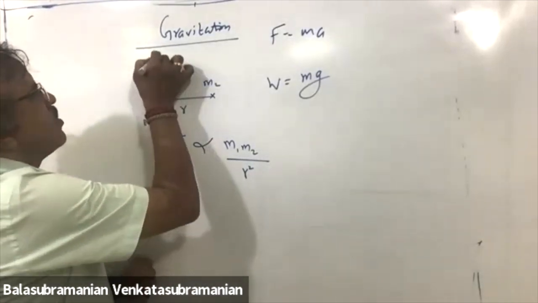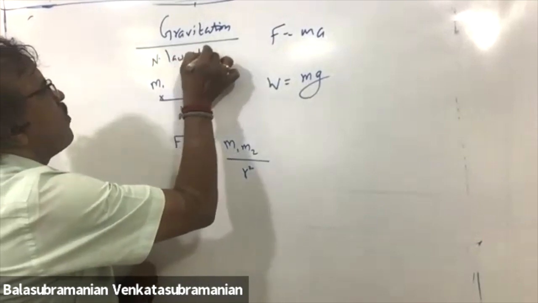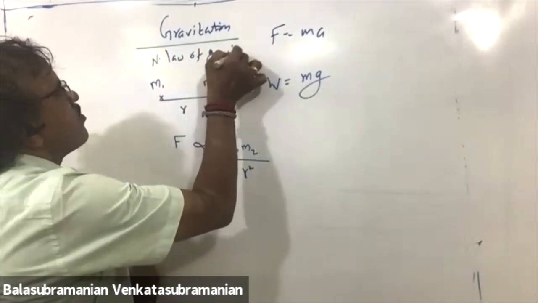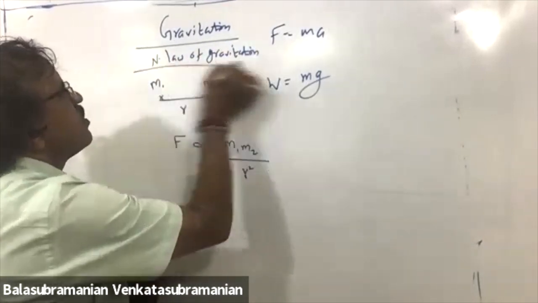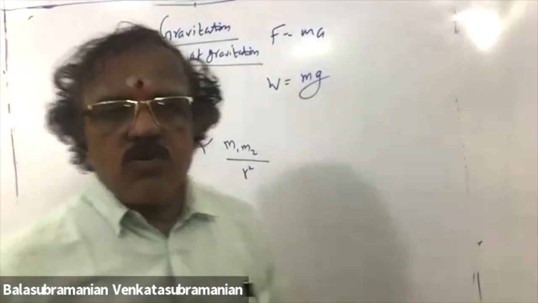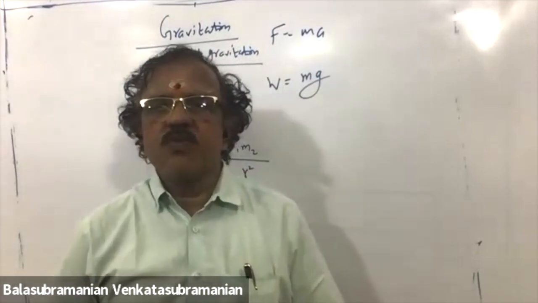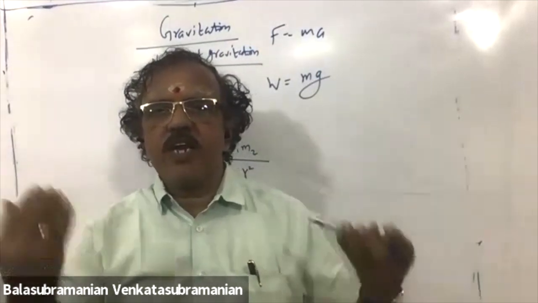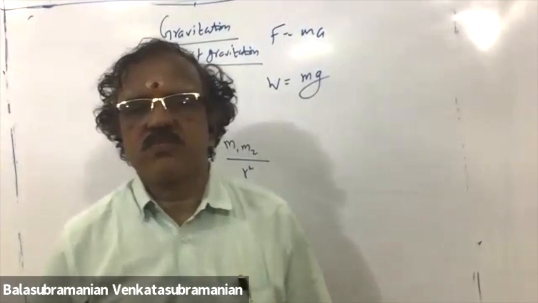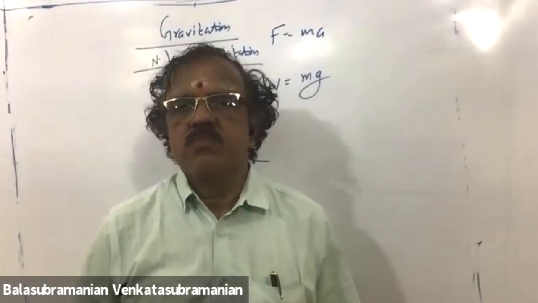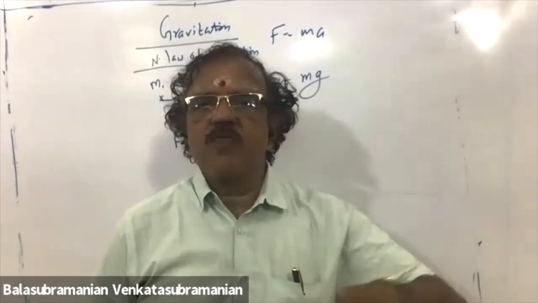This is known as Newton's universal law of gravitation. Why do we call it a universal law? It is applicable for any two bodies in the universe.